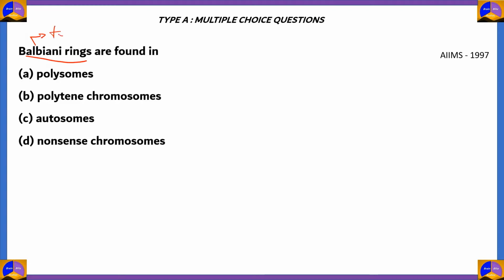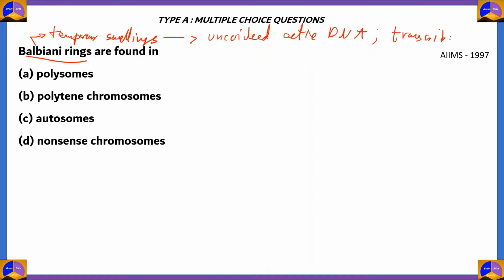Now these Balbiani rings are temporary swellings, and these are found in a special type of chromosome that we'll be finding out, and these contain uncoiled active DNA, and this DNA is basically transcribing RNA at Balbiani rings.